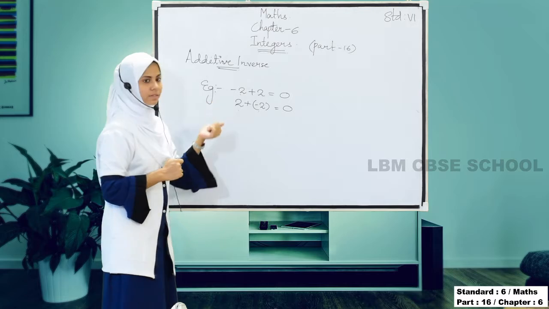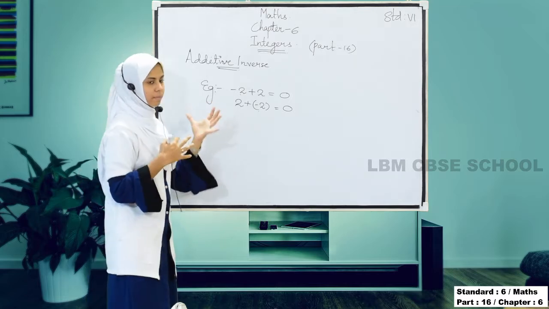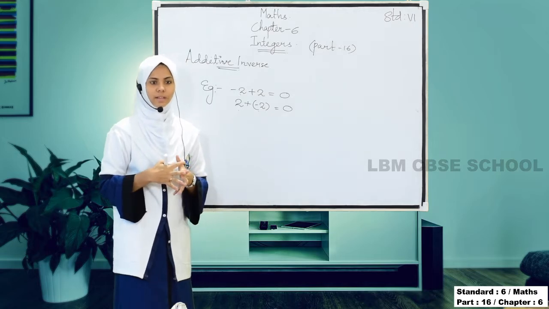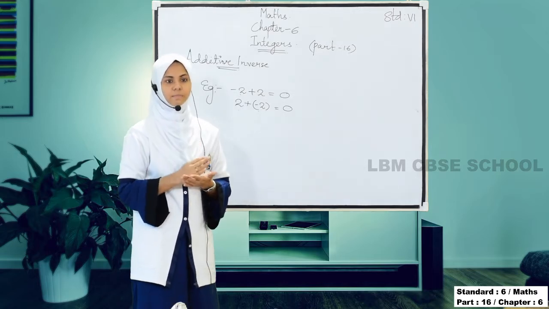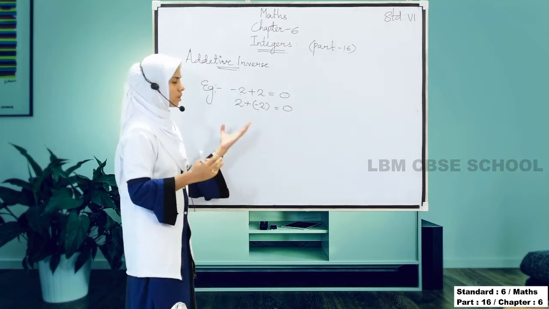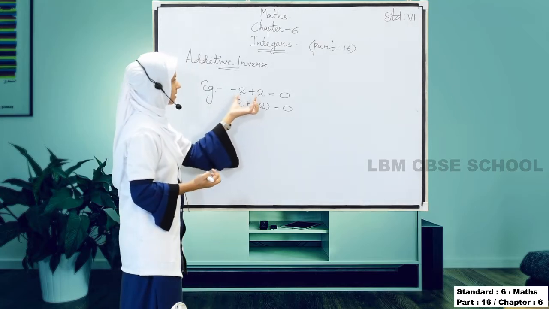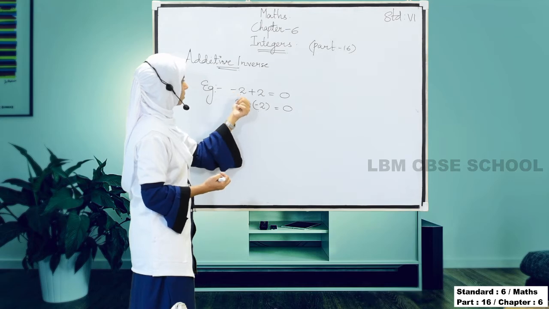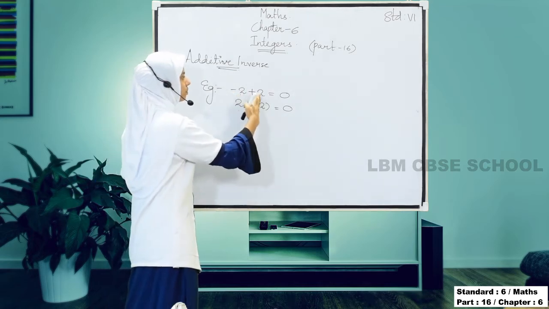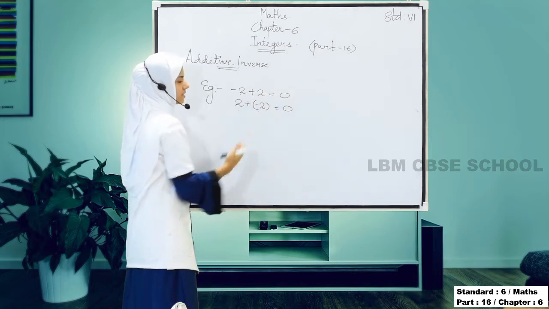So additive inverse means when we add two numbers together, we have to get the sum 0. Those numbers are called additive inverses of each other. Listen here, I took the first example -2. When we add -2 plus 2, we get the sum 0.